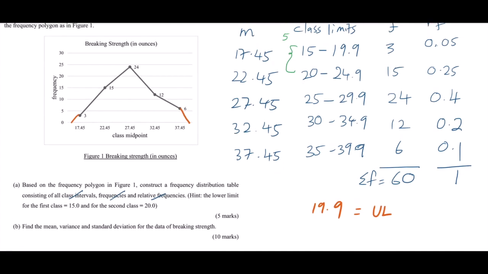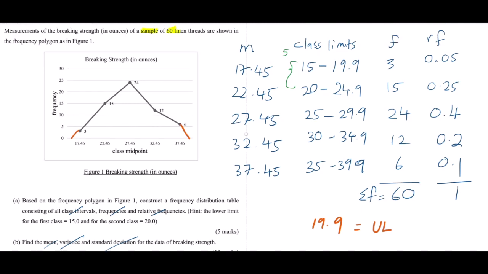Let's look at question B. So for question B, you need to find again the mean, variance, and standard deviation. What do we need in order to calculate the mean, standard deviation, and variance for group data? Right, we only need the midpoint and the frequency, and we have both. So I have the confidence that you could answer question B yourself.